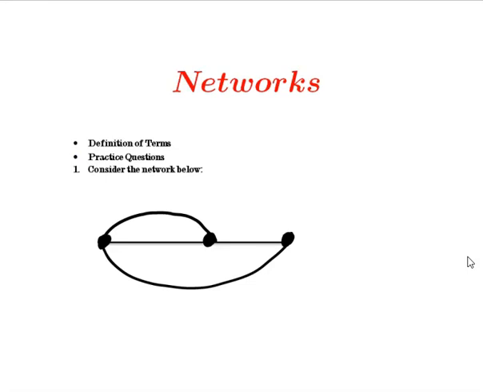You equally have directed networks. That's a network whose arcs are drawn using arrows to indicate the directions. We have a traversal network.